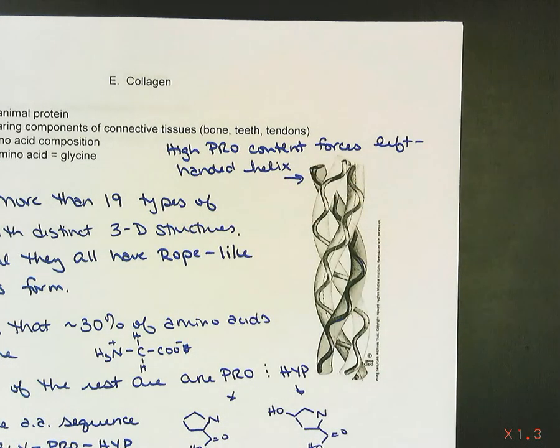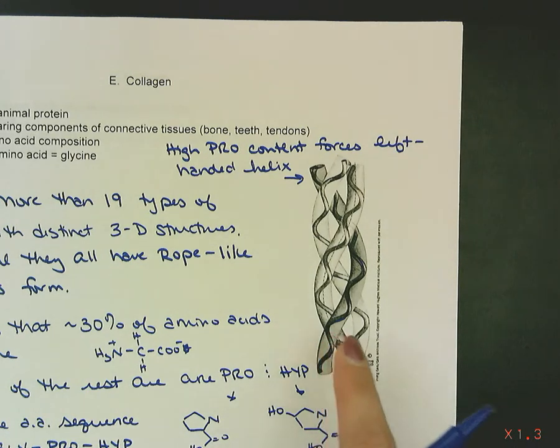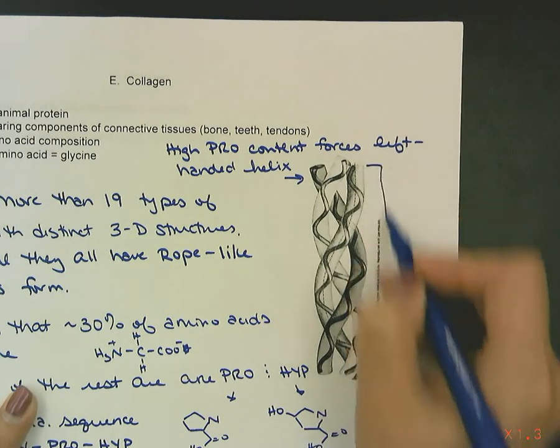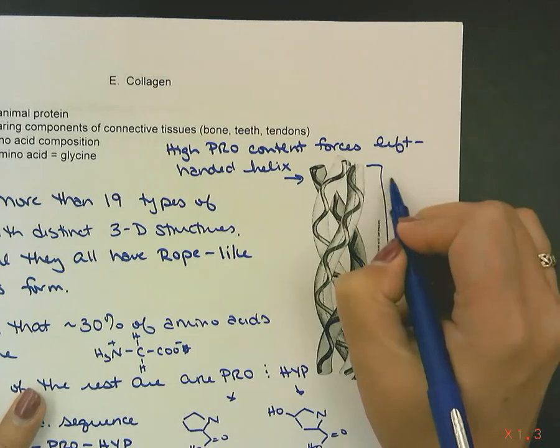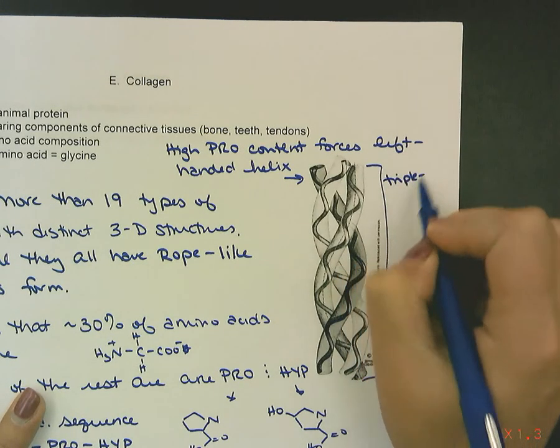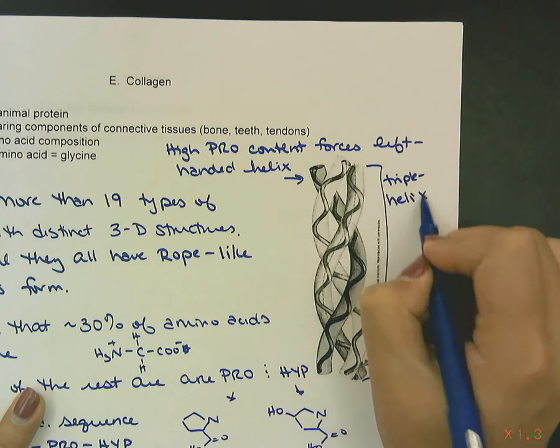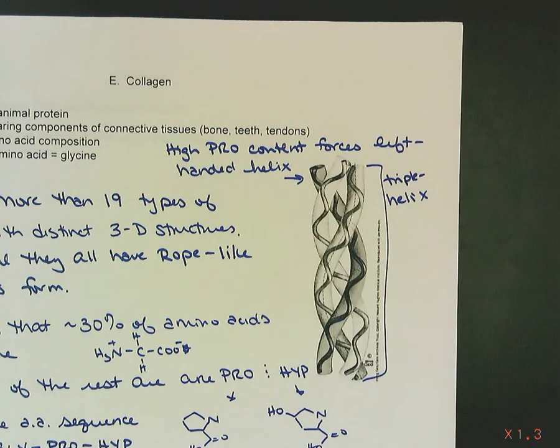So the high proline and hydroxyproline content is going to force a left-handed helix. Then it's going to wrap with 2 other collagen fibers to make an overall triple helix, a triple left-handed helix.